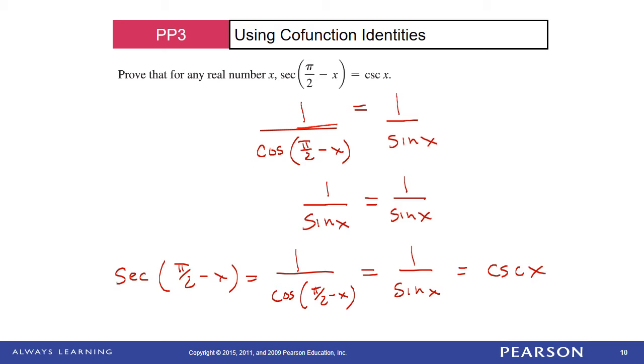In the old days, when you finished the whole problem, you would write QED. I'll let you try to figure out what QED is. You can probably just Google it. But up until about the 1970s, all the trigonometry books had QED as their abbreviation that you've completed the identity.